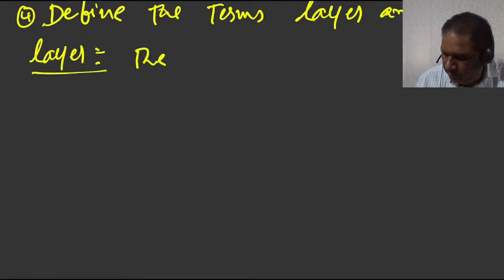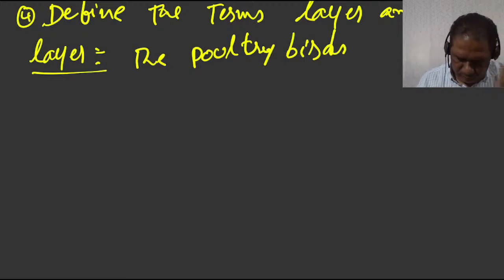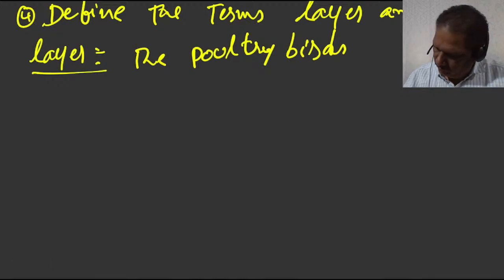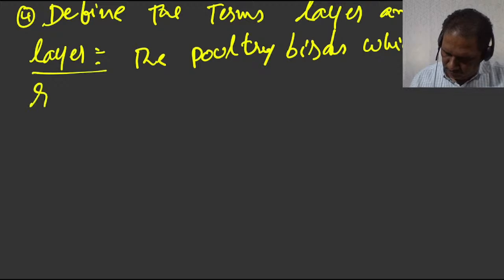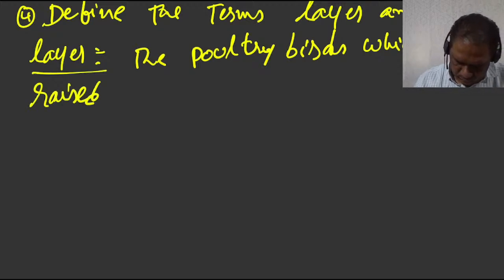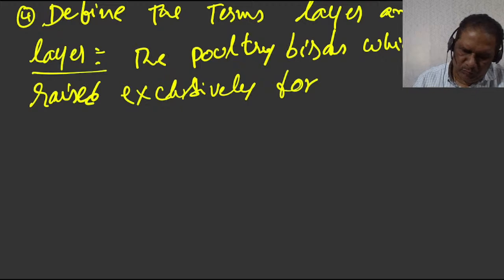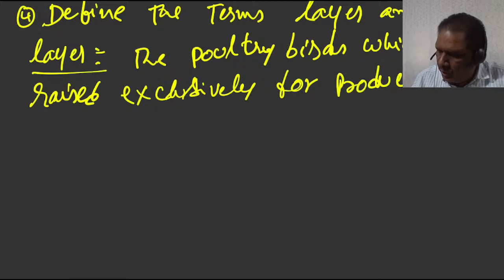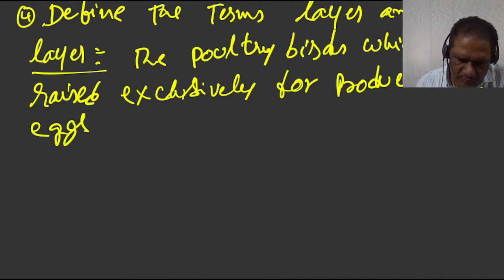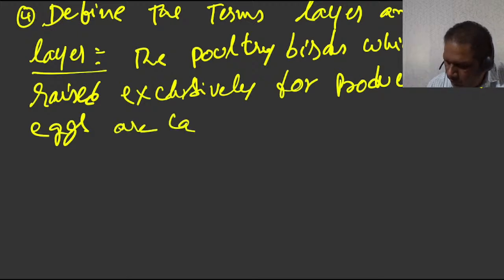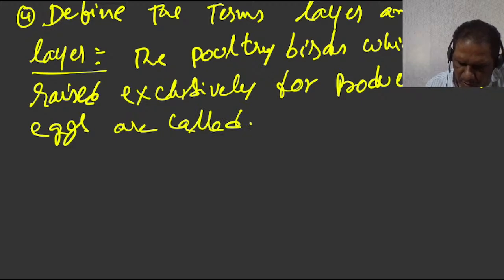The poultry birds which are raised exclusively for production of eggs are called layers.